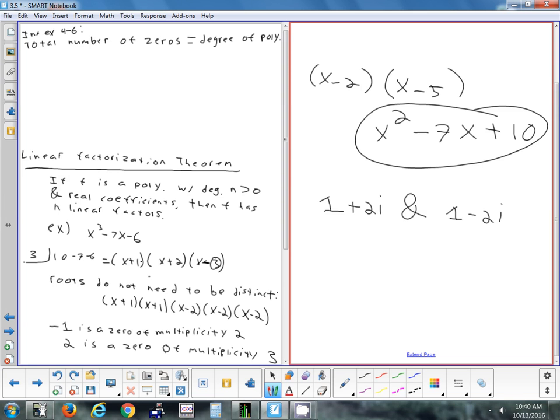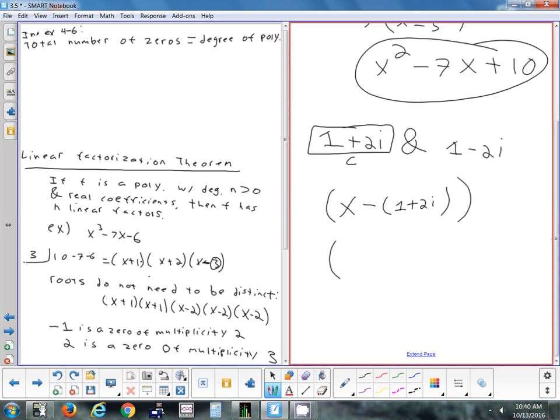If 1 plus 2i is a root, okay, pretend like that's your c, what would be a factor? X minus 1 plus 2i. Okay? And if 1 minus 2i is a root, what would be a factor? X minus 1 minus 2i.